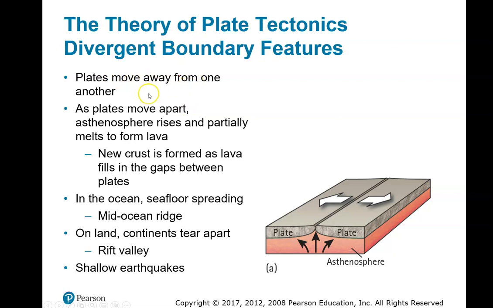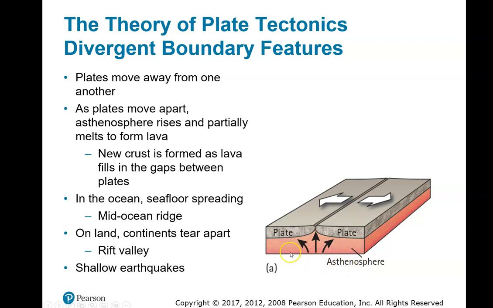The plates that are moving away from each other, of course, this is a divergent boundary. See what's happening in the upper part of the mantle, the asthenosphere. Sometimes I have trouble saying that.